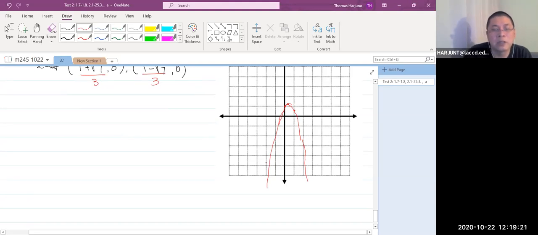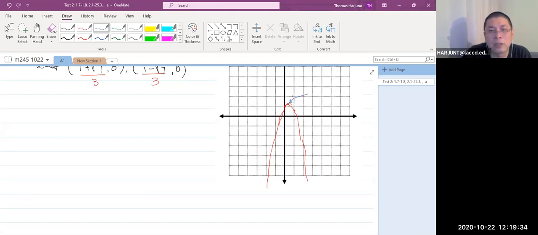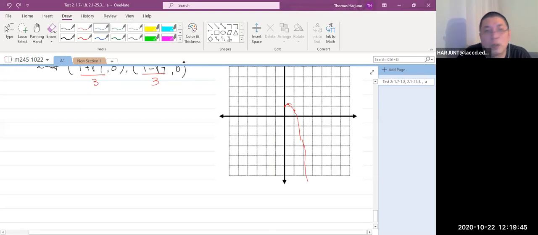When I write the test, I will try to have the vertex right at a nice coordinate. This one is a very, very ugly coordinate, so nearly impossible for me to graph it nicely. For example, this one should be here. This one also. So it should be here.